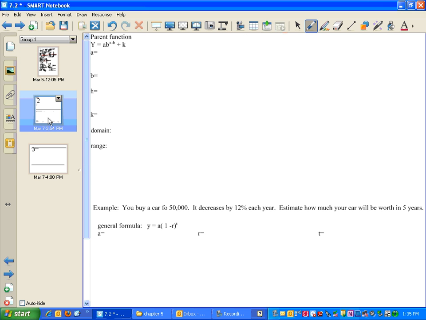Okay, so let's tear this apart and do this for every function now. We did this yesterday. A determines if you're above or below your asymptote. So if A is less than 0, where are we?